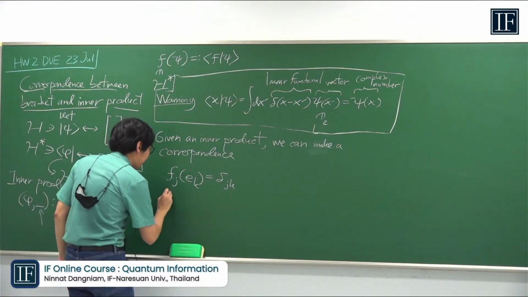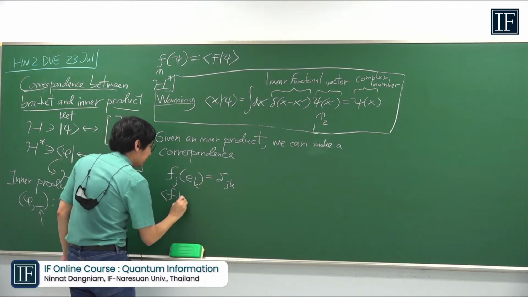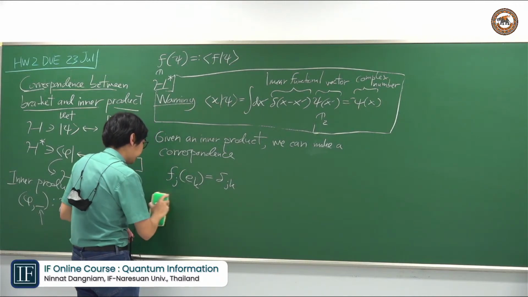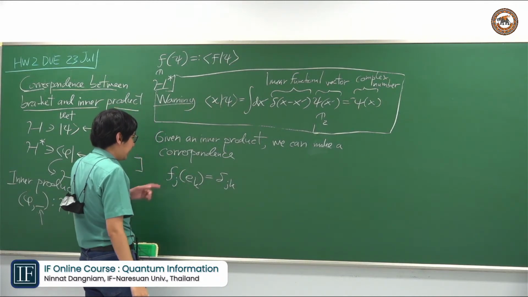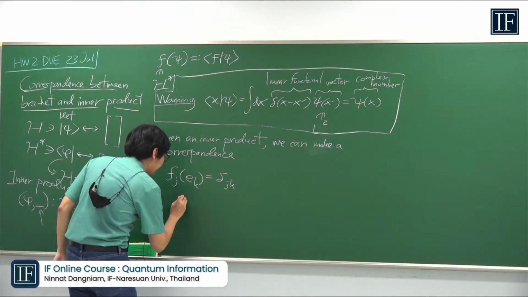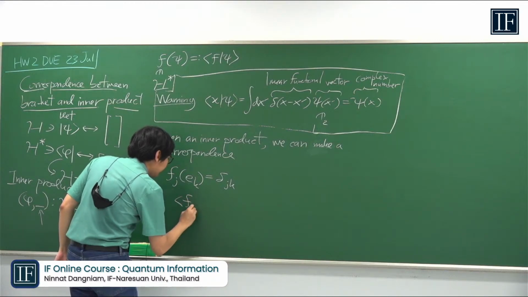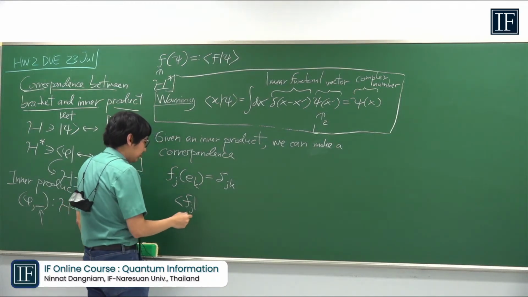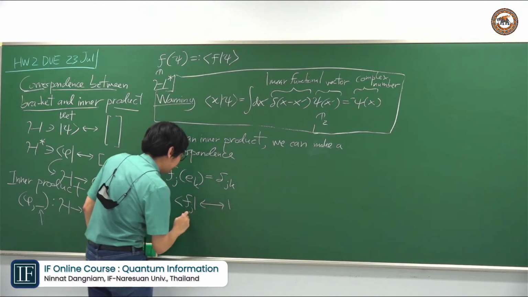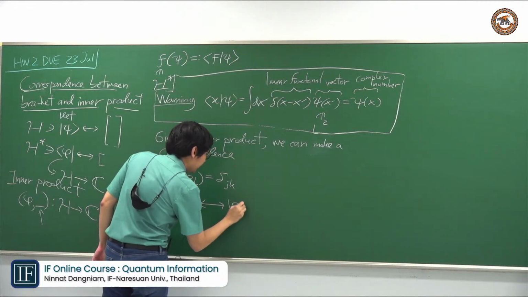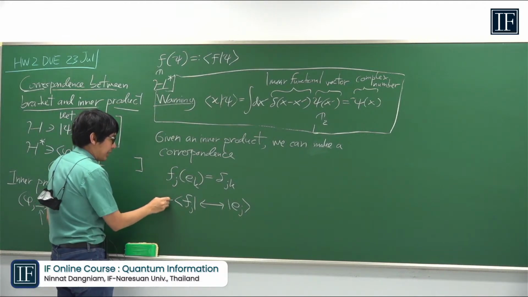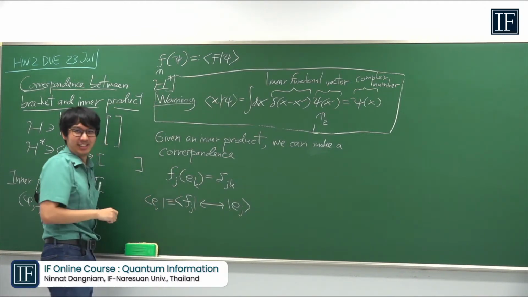And so I think it's clear that if we want to interpret this as an inner product, then if I map from H star to H, this should be the basis. So we might as well just write it like this.